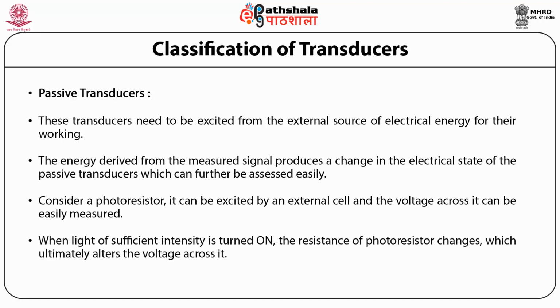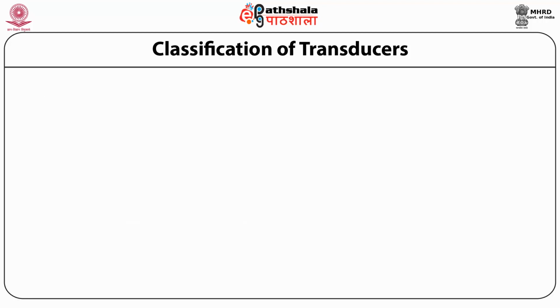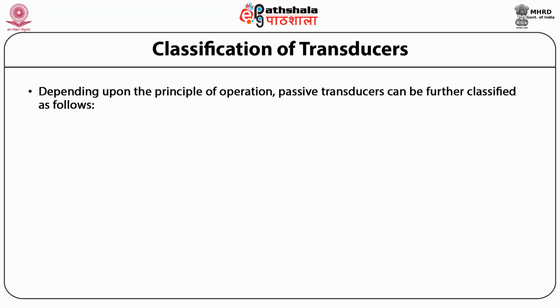When light of sufficient intensity is turned on, the resistance of a photoresistor changes, which ultimately alters the voltage across it. Depending upon the principle of operation, passive transducers can be further classified as follows.